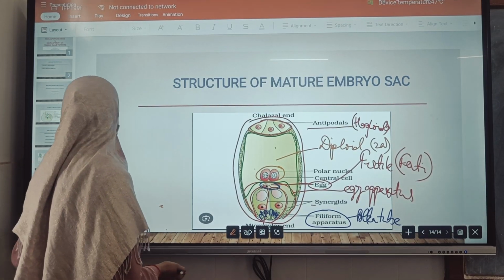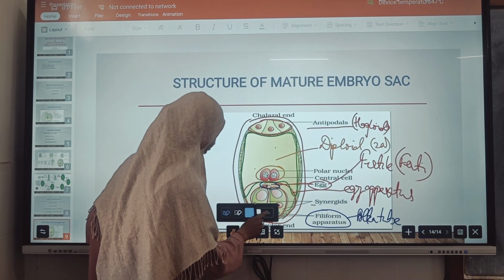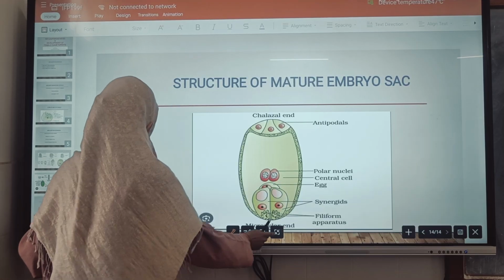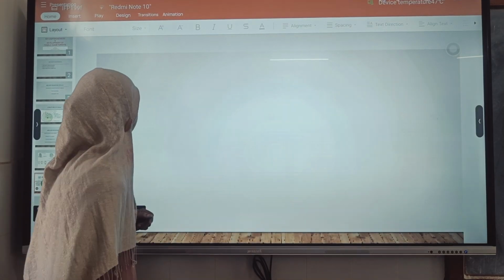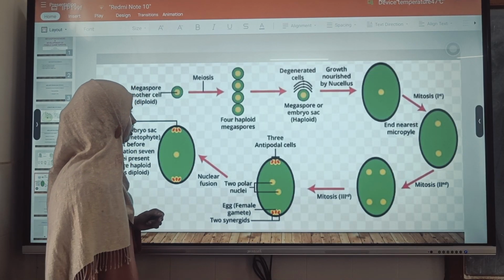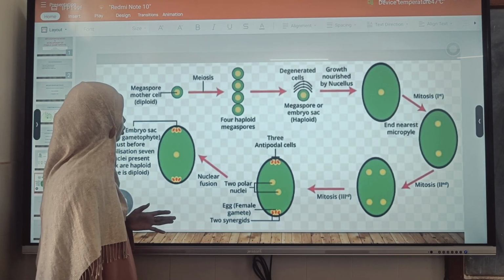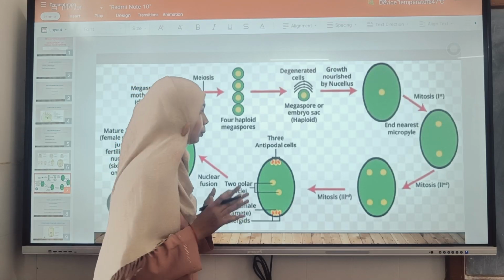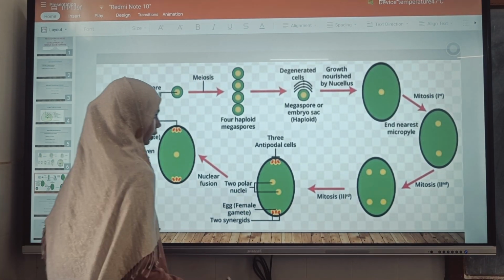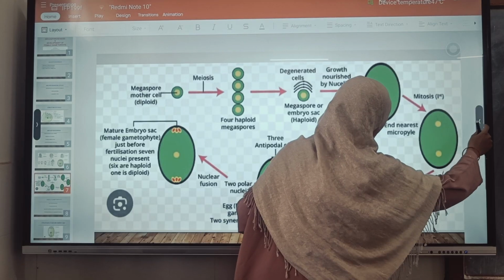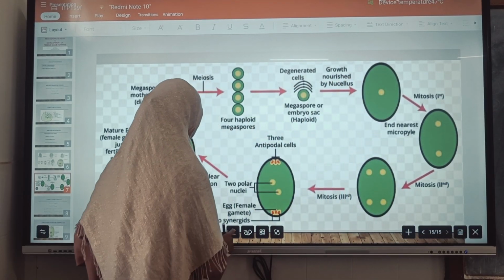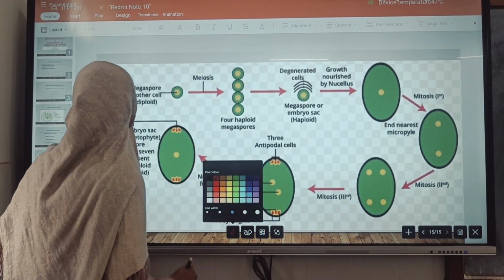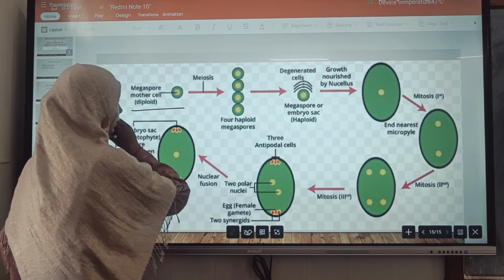Now let me make this clearer with the help of a final diagram with the conclusion. So our today's topic is megasporogenesis and the development of the female gametophyte. How does the megaspore form? The megaspore is formed from the megaspore mother cell.